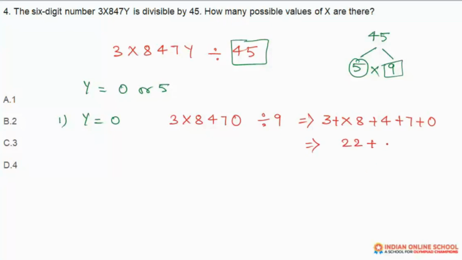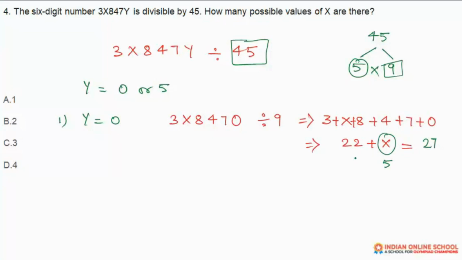Now at the place of x, what do we need to put so that it will be divisible by 9? The nearest number that comes in the table of 9 is 27. Correct? So the total should be 27 only. So the value of x we are getting is 5, because when we add 5 to 22, only then do we get 27.